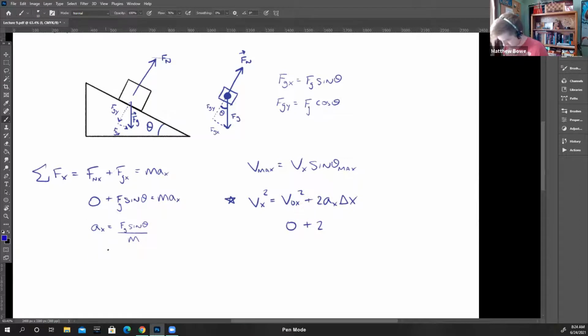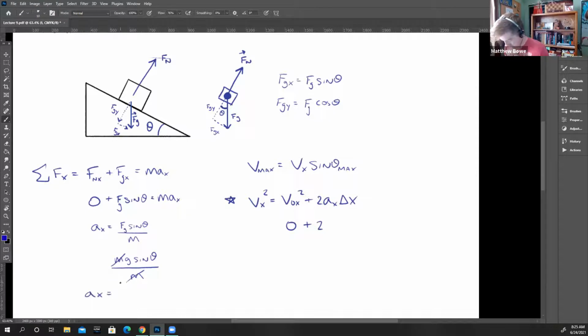So what is force in general? Force was mass times acceleration. So for force due to gravity, it's mass times acceleration of gravity times sine of theta over mass. And we could see these mass terms cancel.